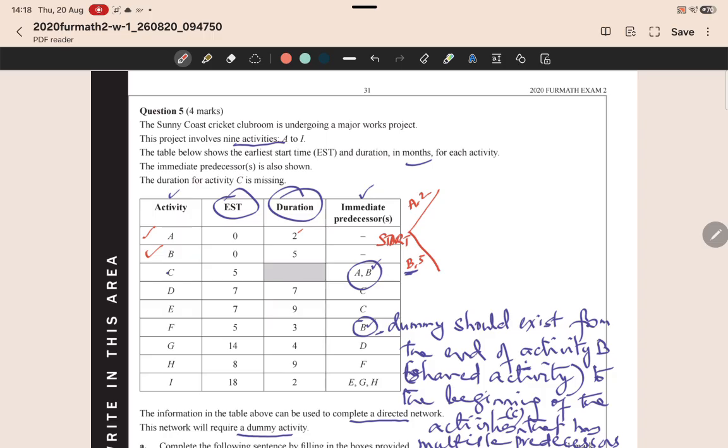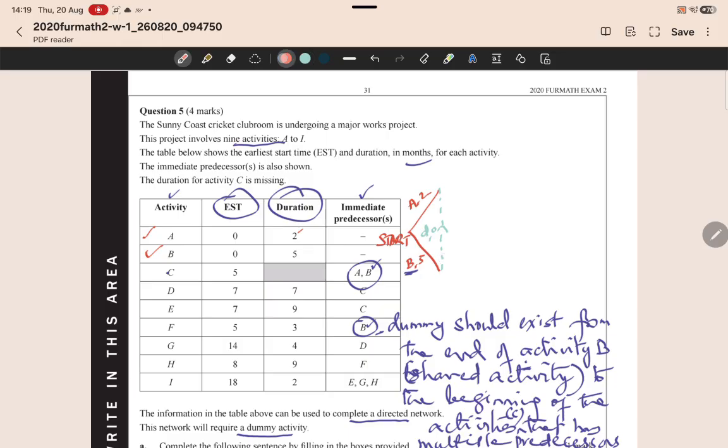And then we know that C takes off from the end of A and B. So we know that the dummy goes from the end of activity B to the beginning of activity C. So we can introduce a dummy here, end of B to the beginning of C. Now the direction of the dummy is very important, and the duration of the dummy is 0. So the arrow is important, and you have to write D comma 0 next to it.